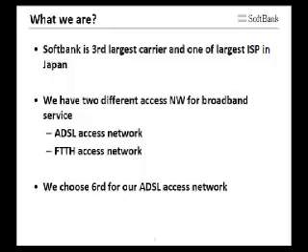The second one is the FTTH access network, which is newly developed recently. We chose 6rd for our ADSL access network. So today, let me explain why we chose 6rd for our ADSL access network. We chose a different solution for the FTTH access network because it has different characteristics.